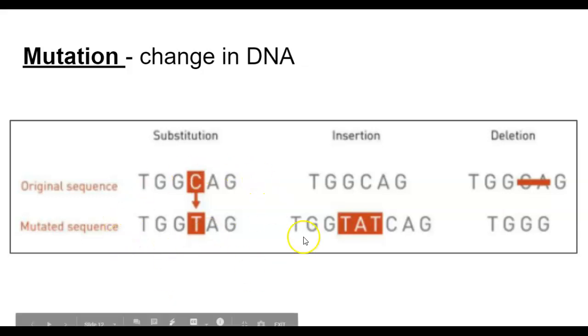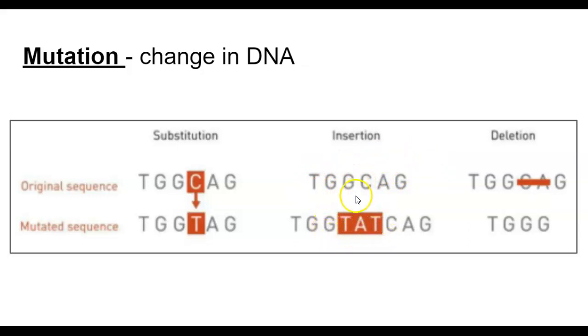So there's a bunch of different types. You don't need to write down the types. I just need you to know that it's a change. I'm going to tell you some different types of changes just so you know, but it won't be on the test. So in this one, the C got changed to a T. So there's one type of change. They used the wrong letter. Another one, they inserted letters. So see, there's a TAT.